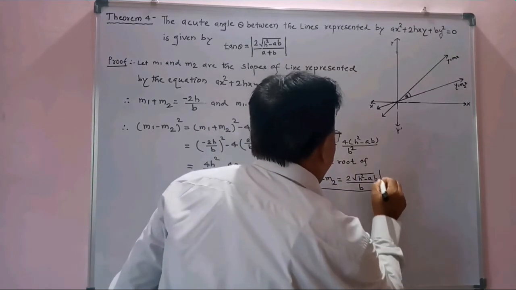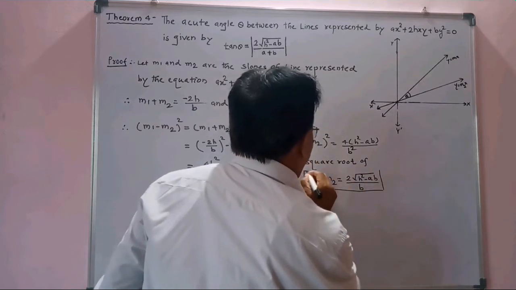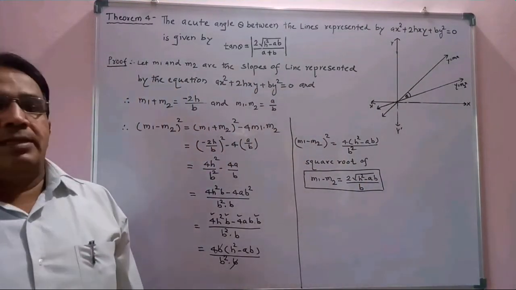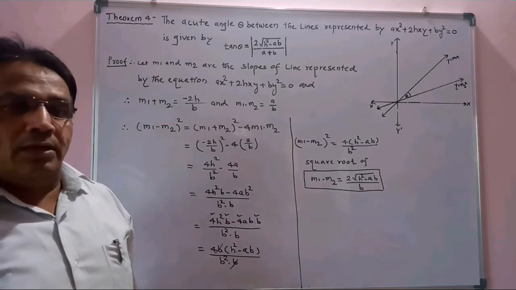The value of m1 minus m2 equal to 2 into root h square minus ab divided by b.